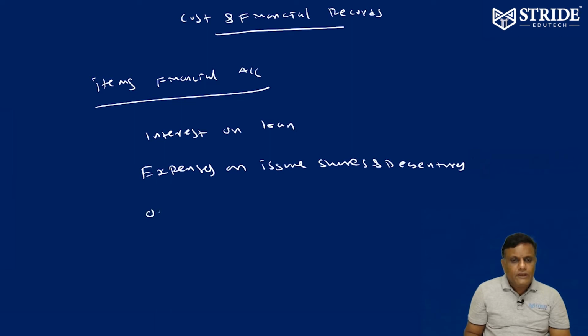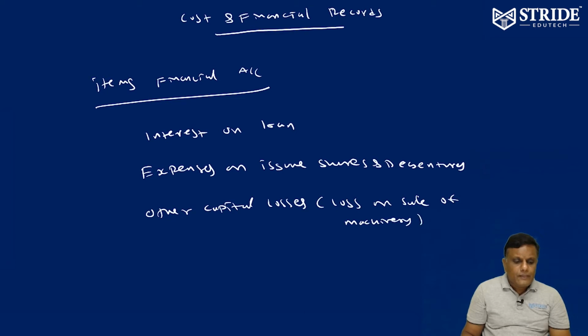Next, similarly, other capital losses. Capital losses means loss on sale of machinery, so loss on sale of fixed assets, right?